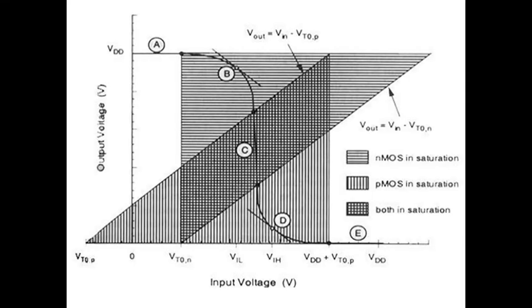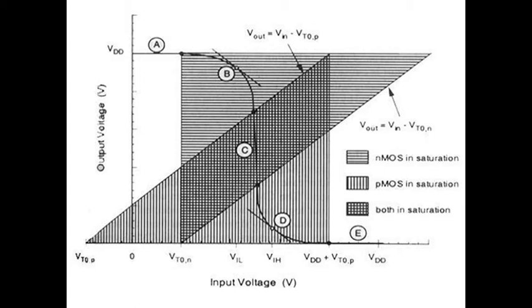When you go for a practical inverter, you can observe this kind of voltage transfer characteristic. So there are 5 regions: region A, region B, region C, region D, and region E. In region A, only one transistor is in on state, that is your NMOS transistor.